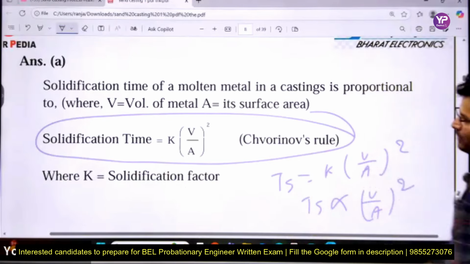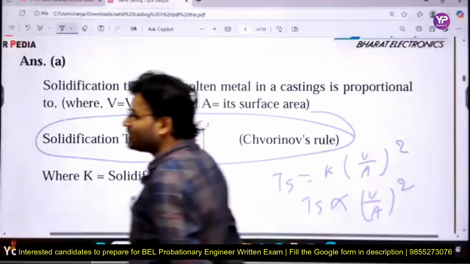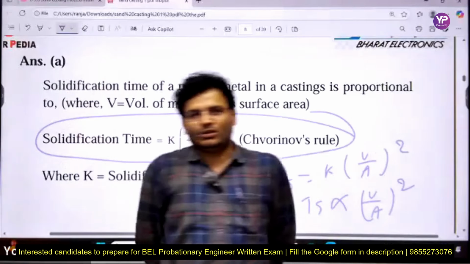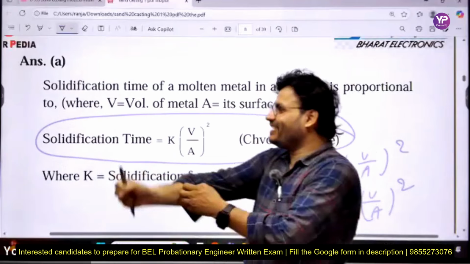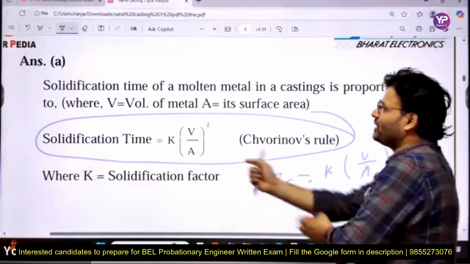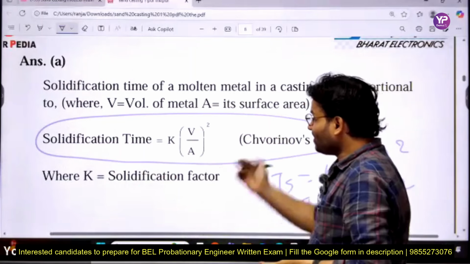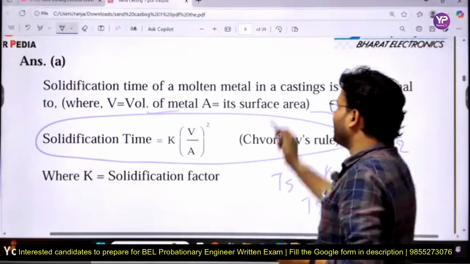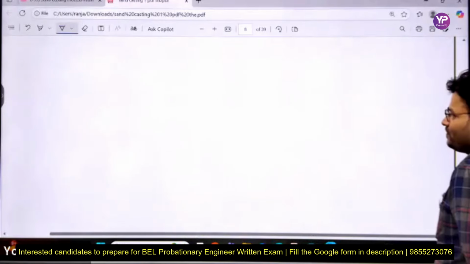Yes, always keep that formula in mind. Various times questions in different exams have been asked on that formula, so inject that formula into your blood. Solidification time equals K into (V/A) squared, where V is the volume of the metal and A is its surface area. You have to remember that.